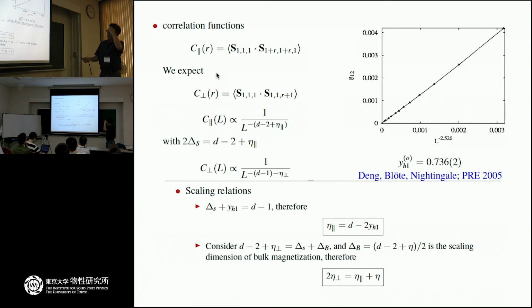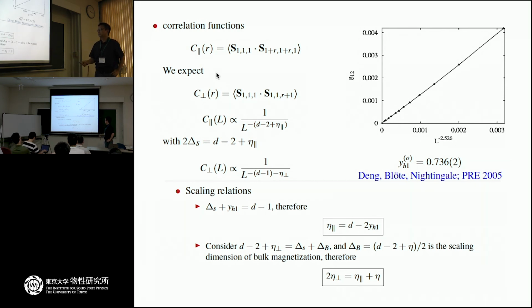You can think of this as the surface scaling dimension of the surface spin, and according to a very simple dimension counting, you will find this scaling relation, because the scaling dimension of the surface spin plus the scaling dimension of the surface magnetic field should be the dimension of the surface. So this gives you this relation.